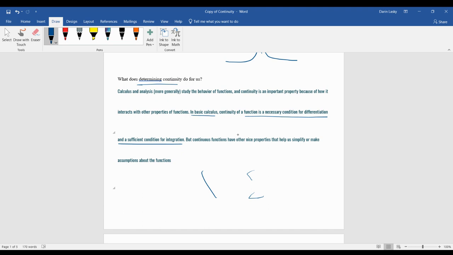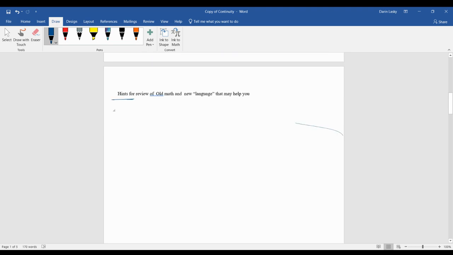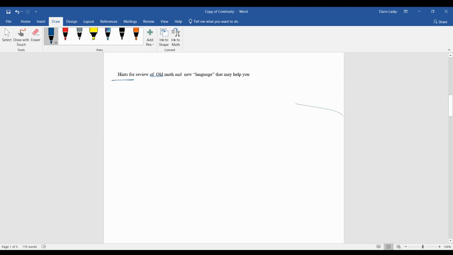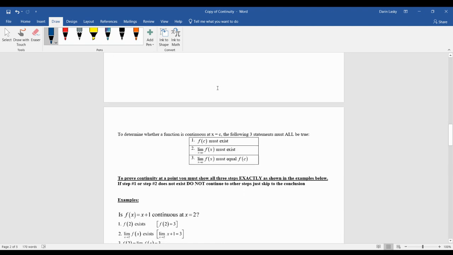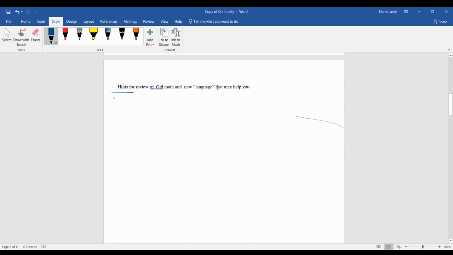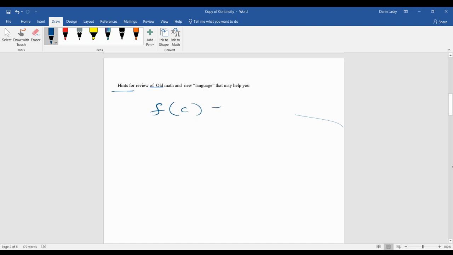Continuity in itself is not that big of a deal, but let's review some old language. When you see f of c, f of c just means that my x value is equal to c. So whenever I plug in c, that's what I'm looking for.